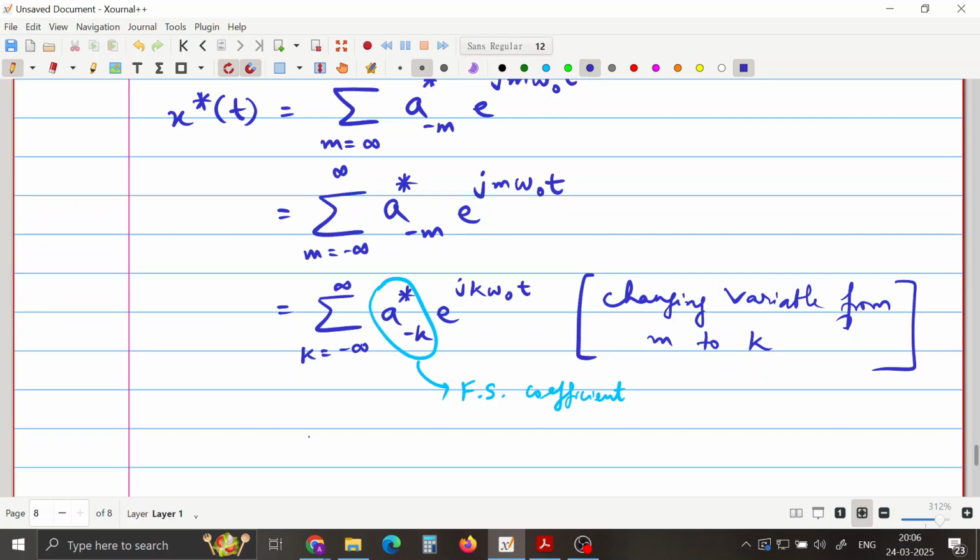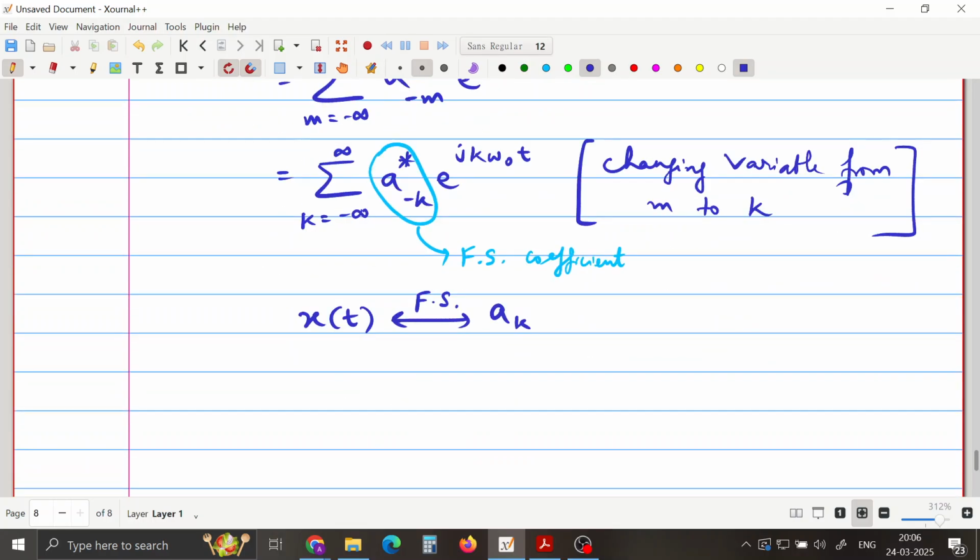So the takeaway is that if x of t has exponential Fourier series coefficient a_k, then x star of t, which is the complex conjugate of x of t, will have Fourier series coefficient a star minus k.